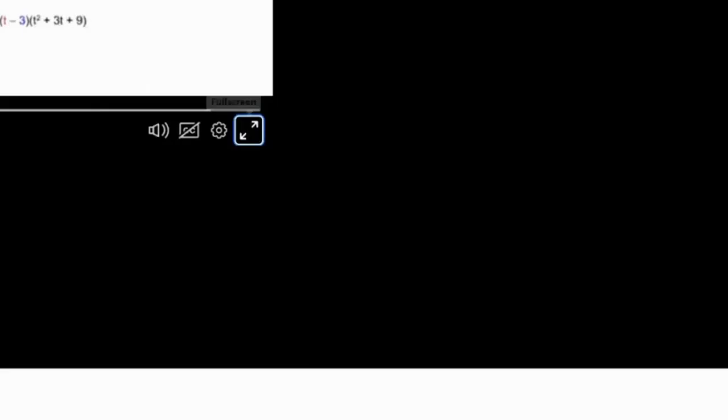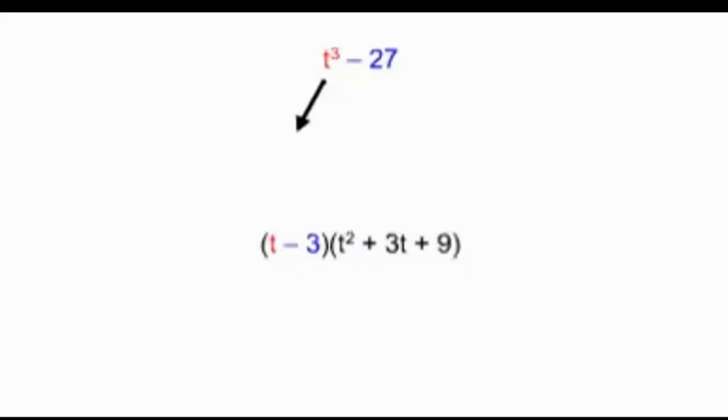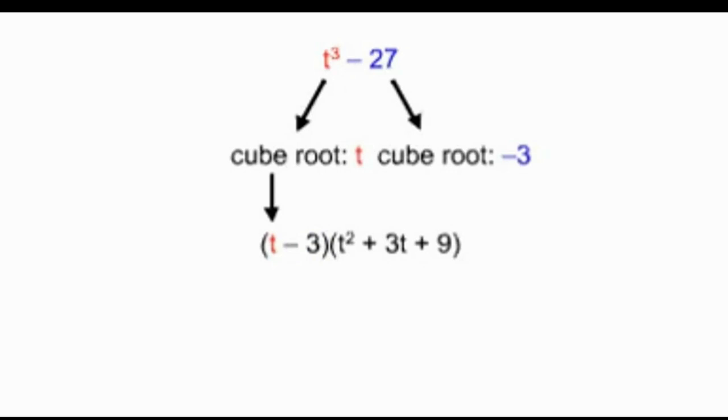The cube root of t cubed is t, and the cube root of negative 27 is negative 3. Now you can tell where the first set of parentheses comes from in the factoring process. What about the trinomial? Where did that come from? Well, take a look at the first and last terms in the trinomial.